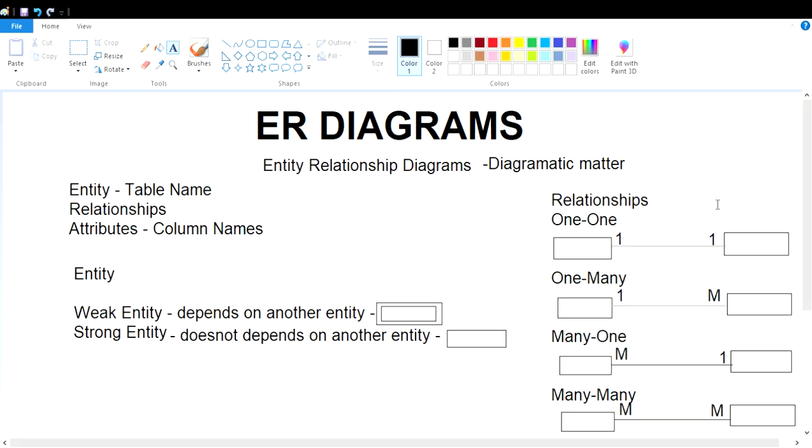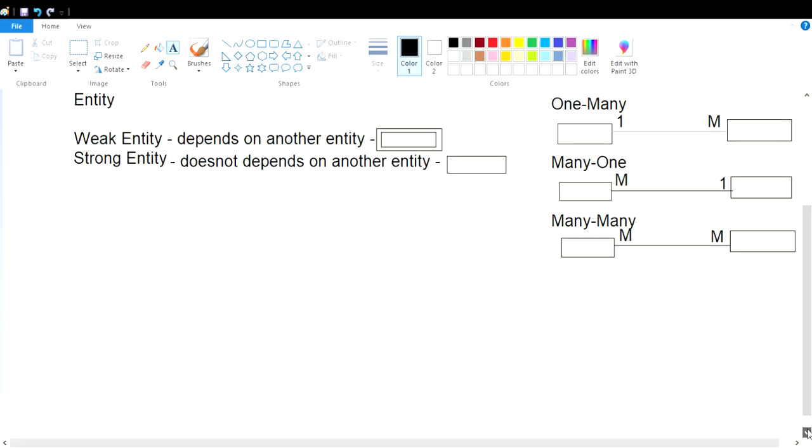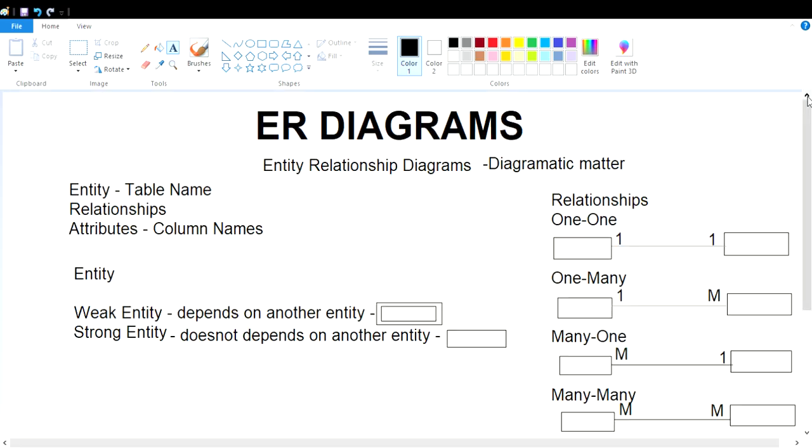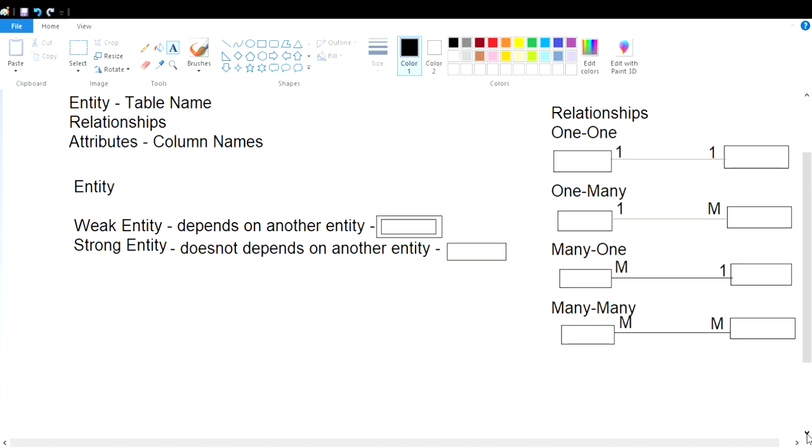So for example, only one row interacting with only one row from the second table is one to one.